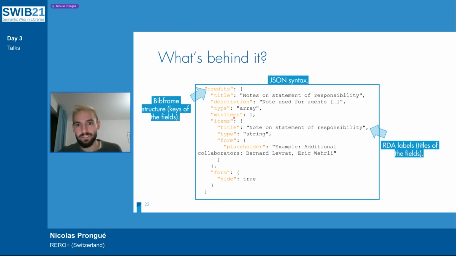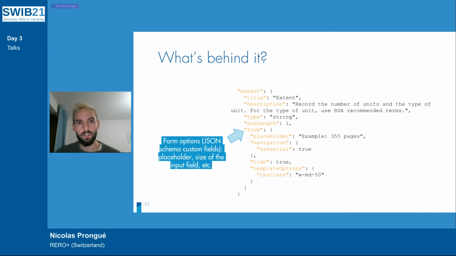So here credits has as title note on statement of responsibility. We also added some JSON schema custom fields to define form options. This is where we place the placeholder and also some navigation rules, hiding rules, or the size of the field.